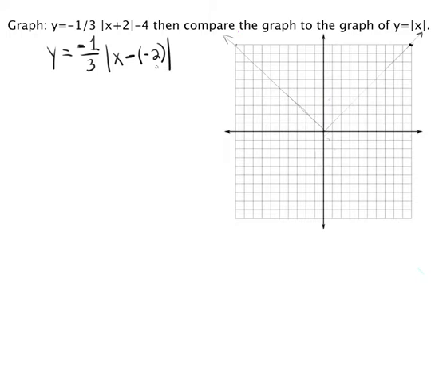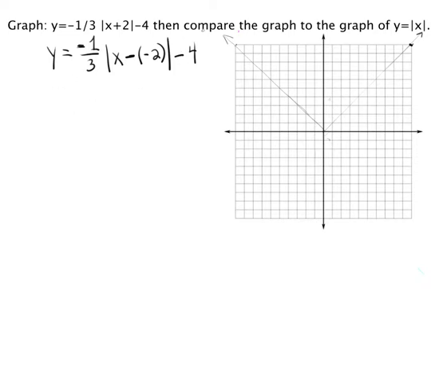That's in the same position as my minus h, and that will be the translation left and right. So this one will be a left 2. Then we have a minus 4 here where the k is, and that would be down 4.